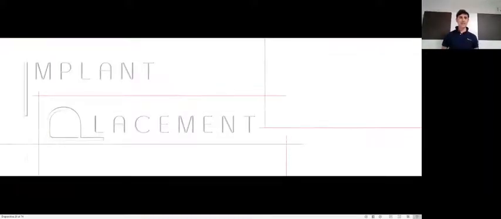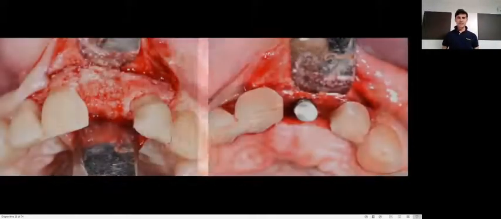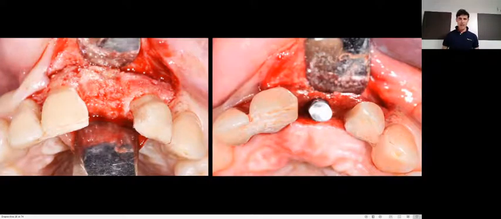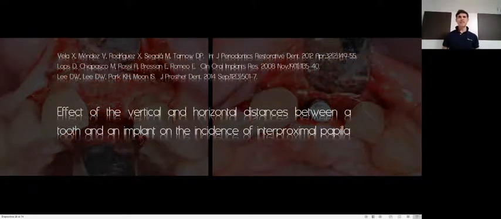So the implant placement was done correctly in a three-dimensional orientation by following the rules, with a 3.5 millimeters diameter implant.